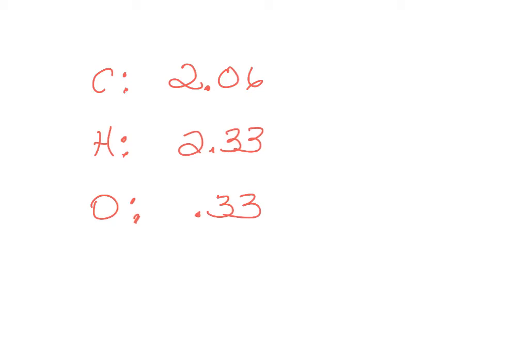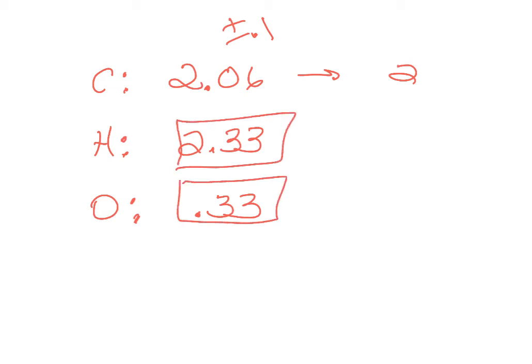All right. So carbon would be okay to round to a whole number 2, right? Remember, I said plus or minus 0.1, and that is. But hydrogen and oxygen are too far away from a whole number to safely round, okay? That's when step number 4 comes in that says multiply till whole.